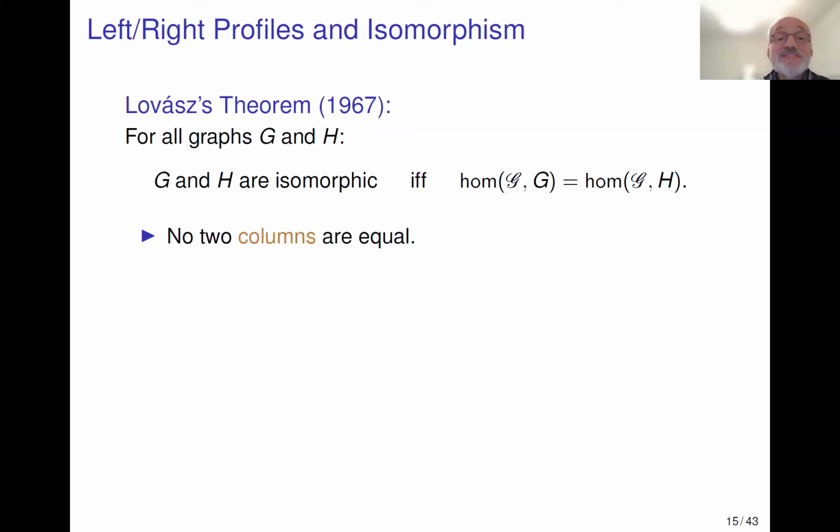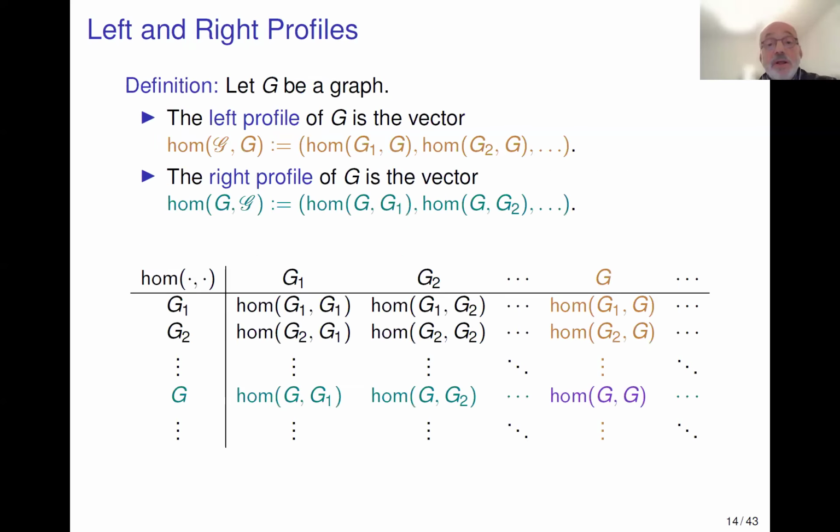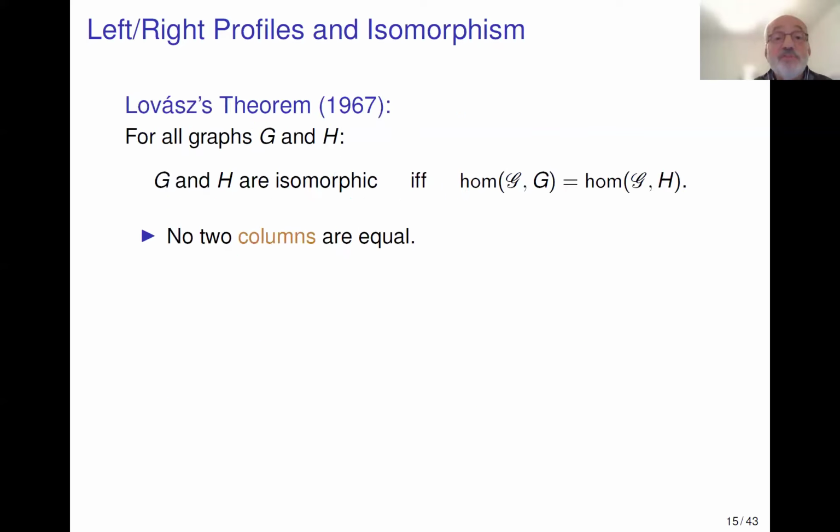What he says is that in the table we saw before, because we have taken one member from every equivalence class, no two columns are identical. If we had listed all graphs, including elements from the same equivalence class, this would say that two graphs are isomorphic if and only if they have the same columns, the same left profile.